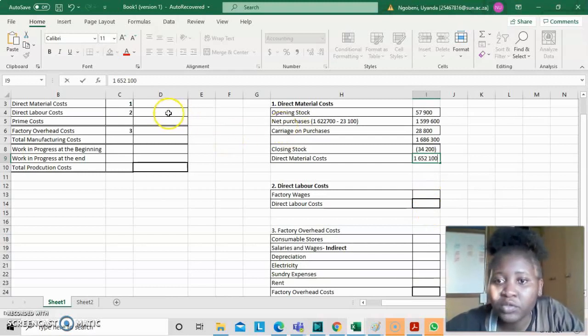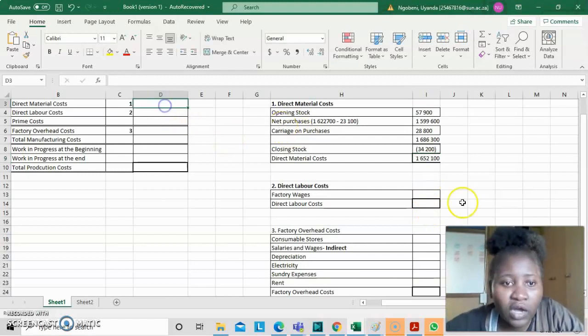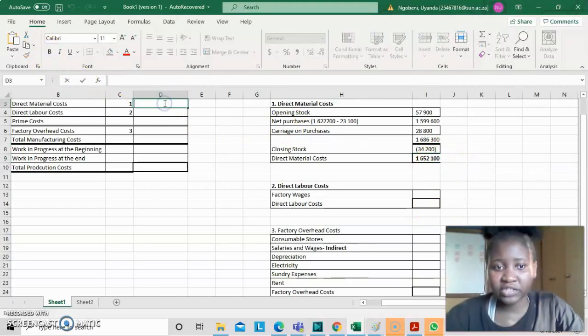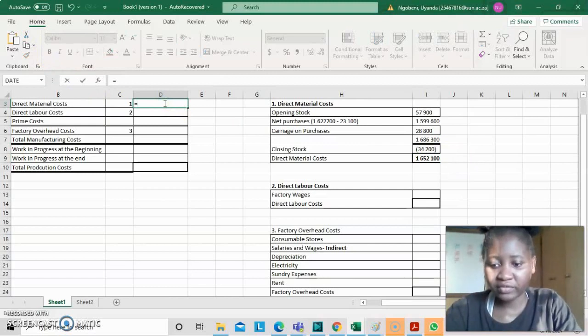So this amount will go straight to our production cost statement. Okay. So in our production cost statement here, we have 1,652,100.